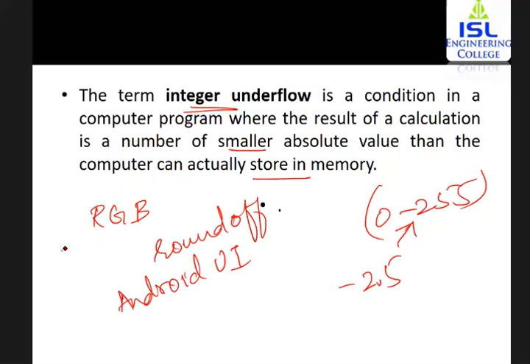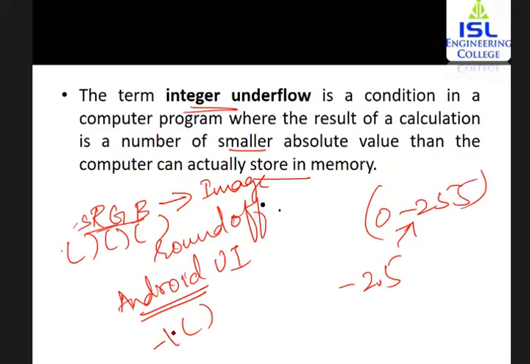There were some specific rounded off values used within the RGB specification, which was the particular value of the killer image. If you downloaded this within the Android UI, it made your phone crash. Why? Because Android can support values that are one less than this particular value. So in the same way, you're going to have integer overflows and underflows.